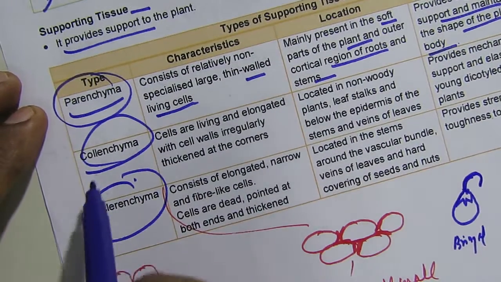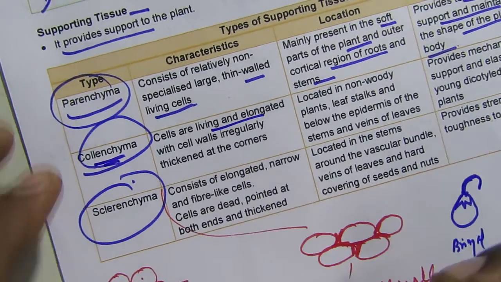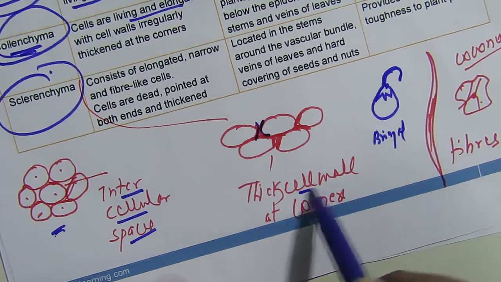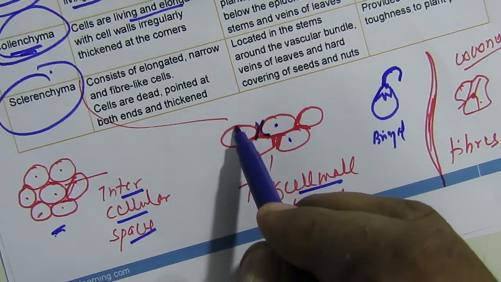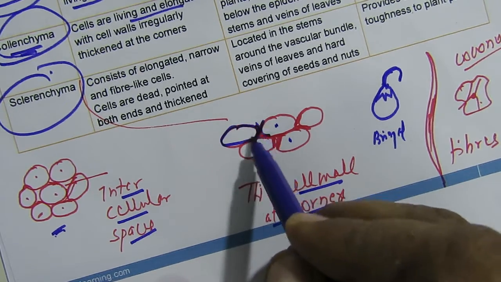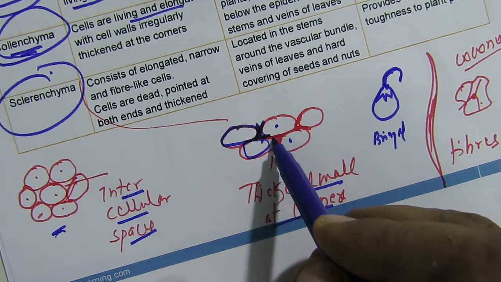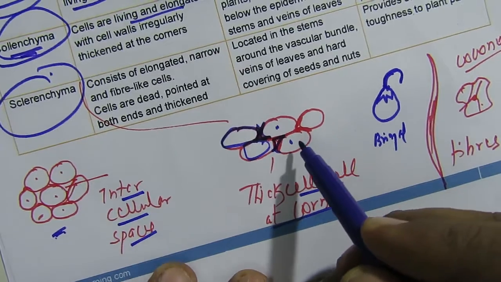Now the second tissue is collenchyma. Collenchyma cells are living and elongated. Elongated means long. You can see collenchyma cells are mostly thick at the corners, but they are also living. They are living, but the cell wall is thick and more thick at the corners. They also have some little intercellular spaces, but it is little. It is a supporting or mechanical tissue.